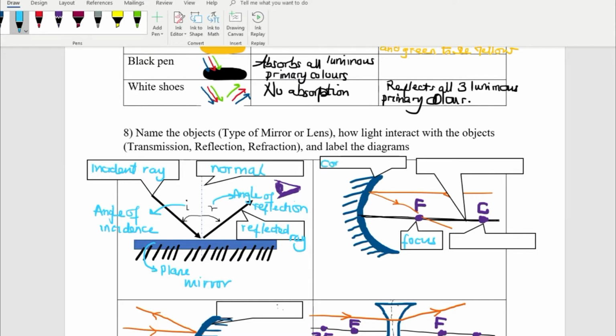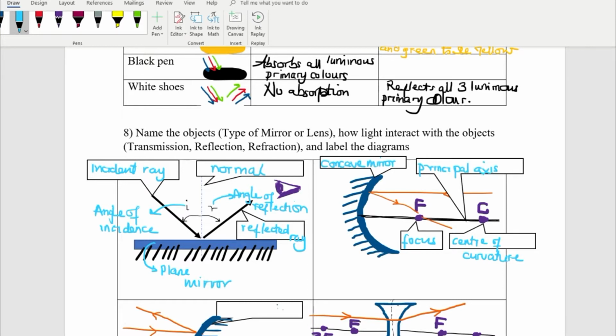So concave creates a converging ray situation that makes the ray touch the focus, and this point here, C, is the center of curvature of our mirror. By default, the line that is symmetrical to this mirror is called the principal axis.